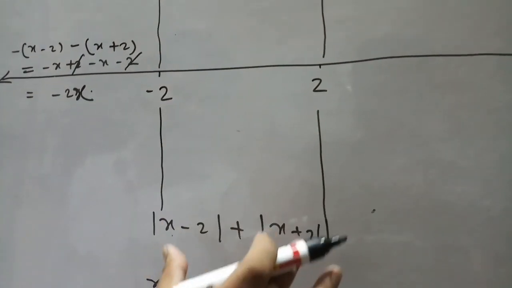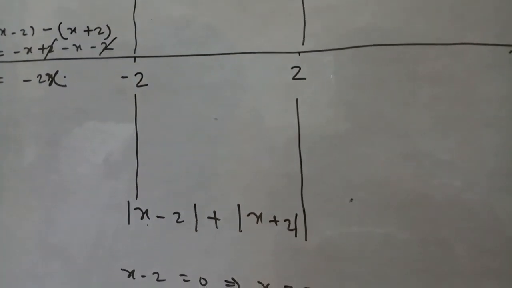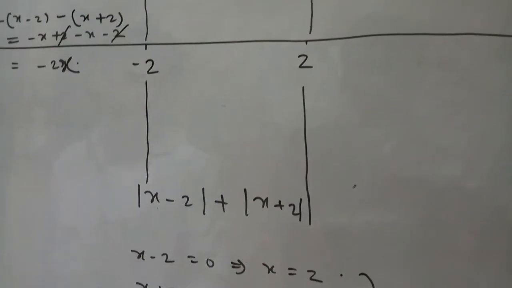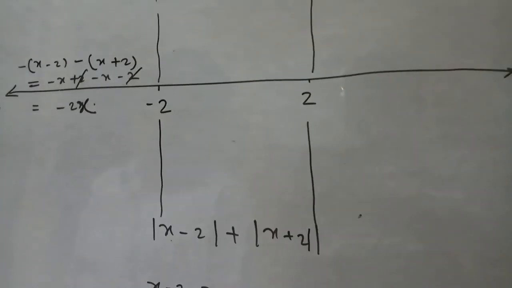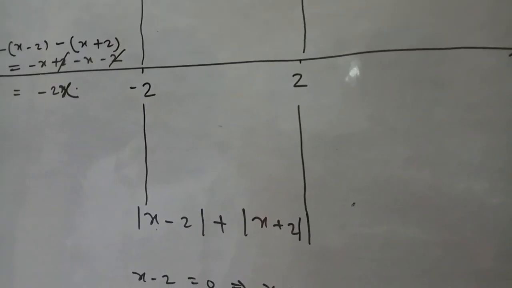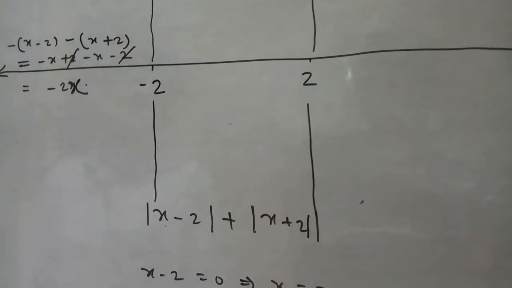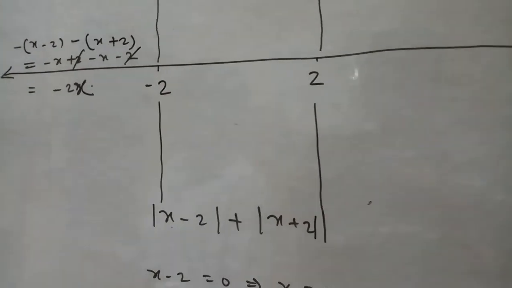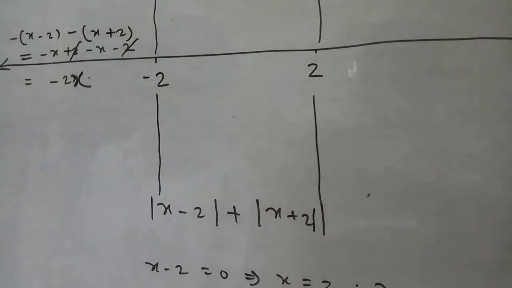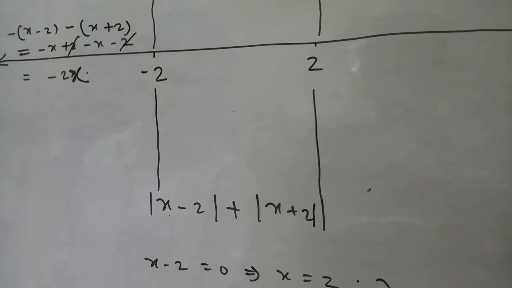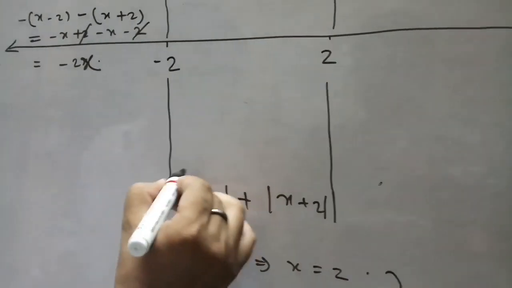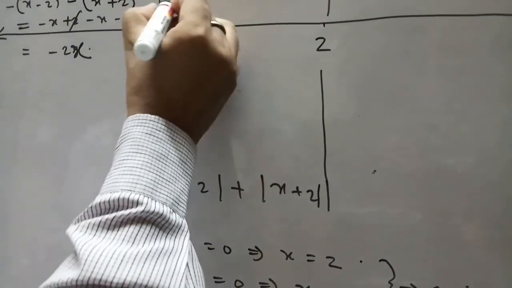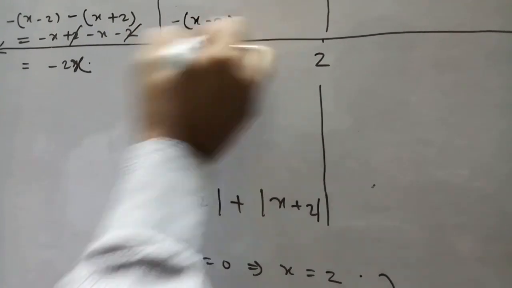Now when the value of x lies between minus 2 and 2, we can take any value, 0 or 1. But 0 is the easiest value for calculation, so take 0. Putting 0 in the modulus function, x minus 2 is negative, so minus of x minus 2.